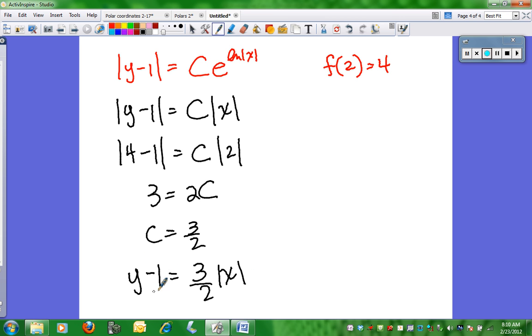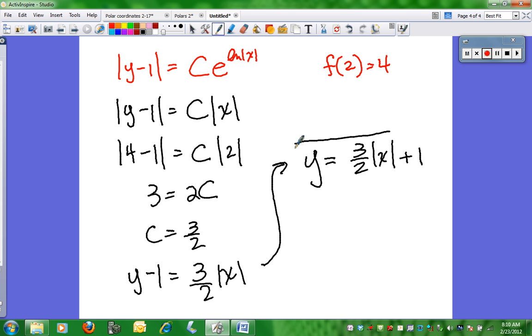We can drop the absolute value on this side because y being 4, it's going to be positive. And then to solve for y, we just add 1 to both sides, and we're left with our solution to our differential equation: y equals 3 halves the absolute value of x plus 1.